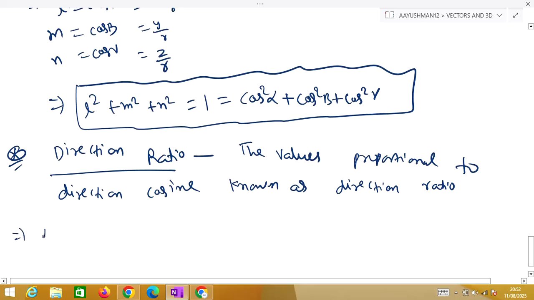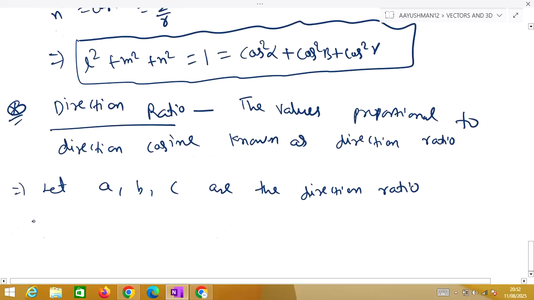Fine, let A comma B comma C be the direction ratio. These we have taken as the direction ratio.